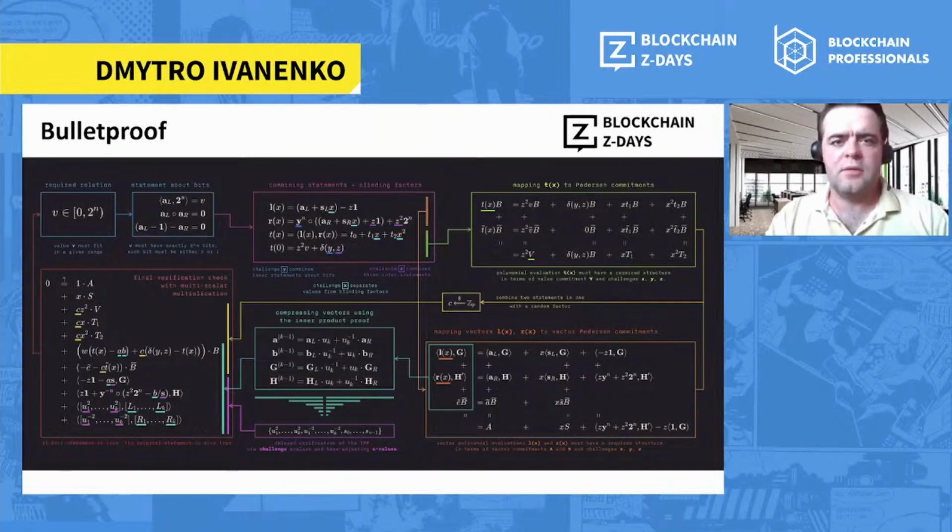Next, maybe this protocol has a disadvantage because the speed of the verification process and maybe the proof process is not fast.